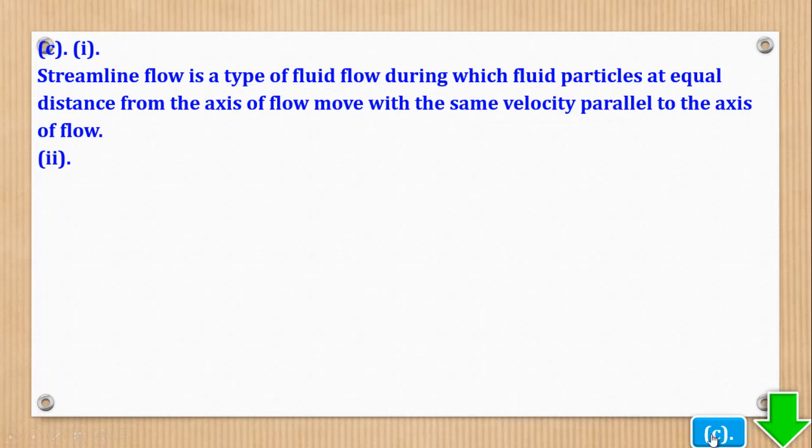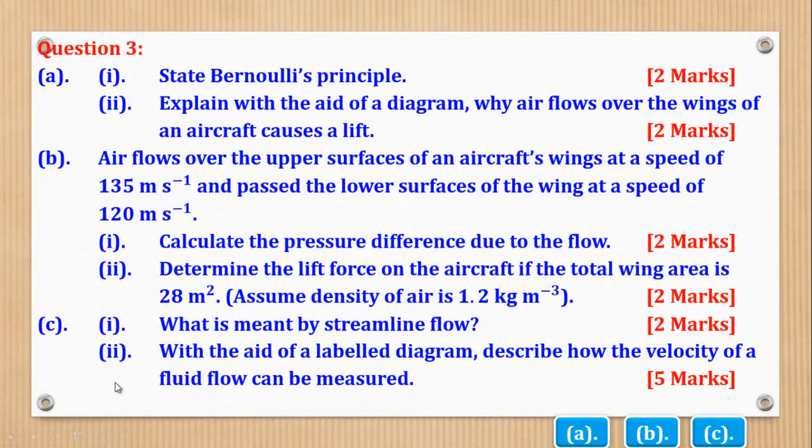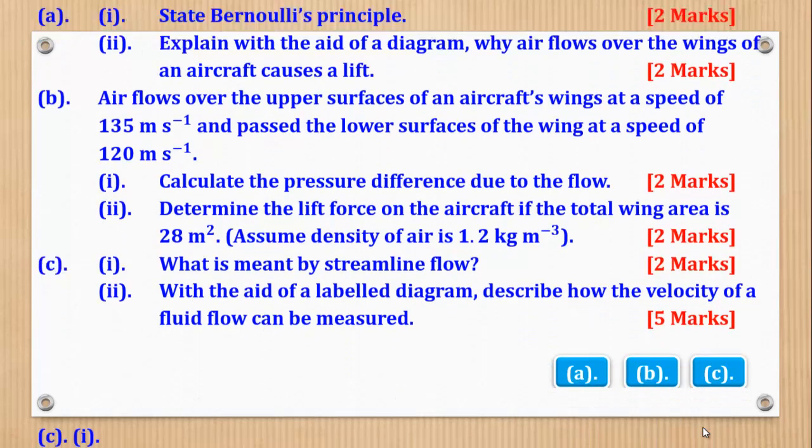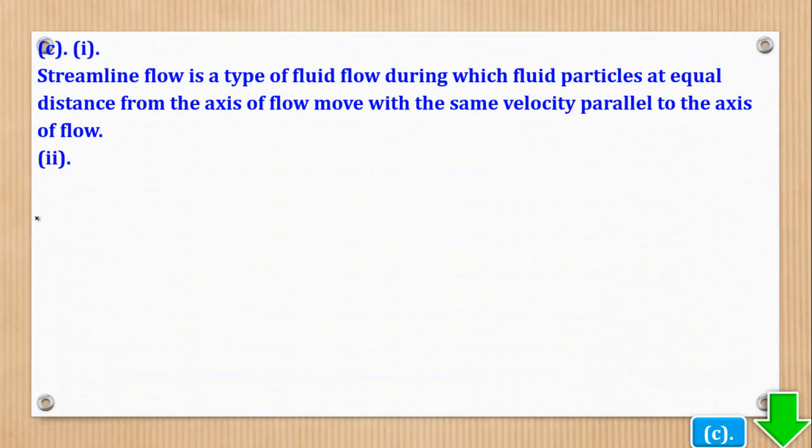Then Roman 2 says, with the aid of a labeled diagram, describe how the velocity of fluid flow can be measured. So we shall draw a labeled diagram to help us go through the description.